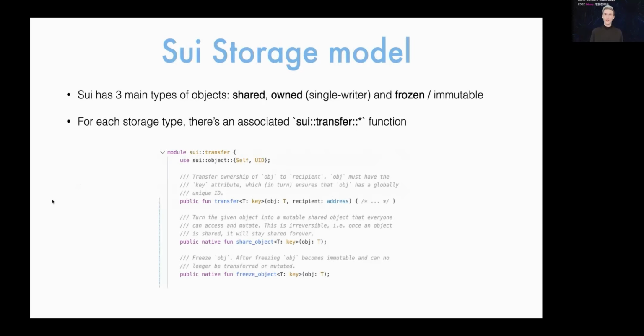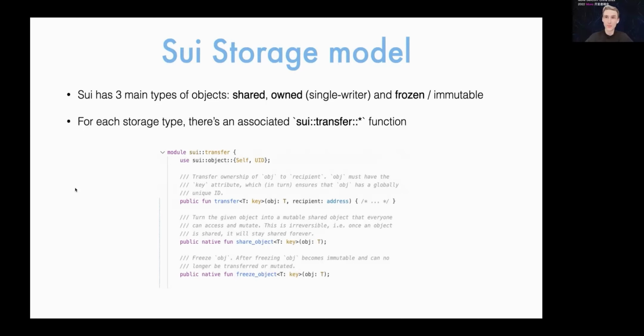So in Sui, you probably heard about us, we have a slightly different storage model where we don't have borrow global, borrow global mut, nor do we have move from or move to functions.